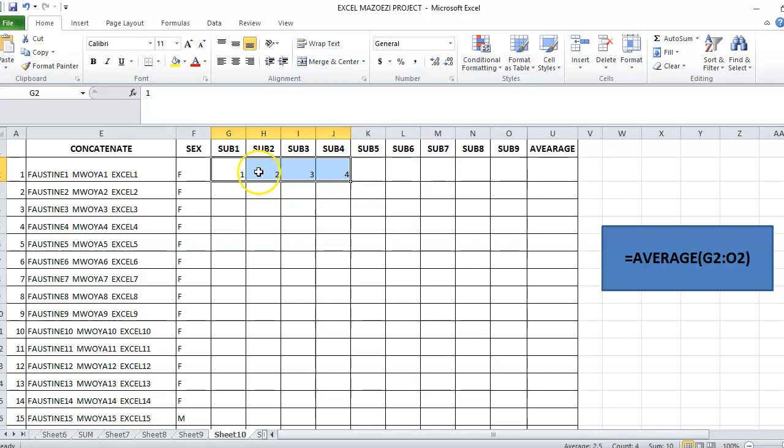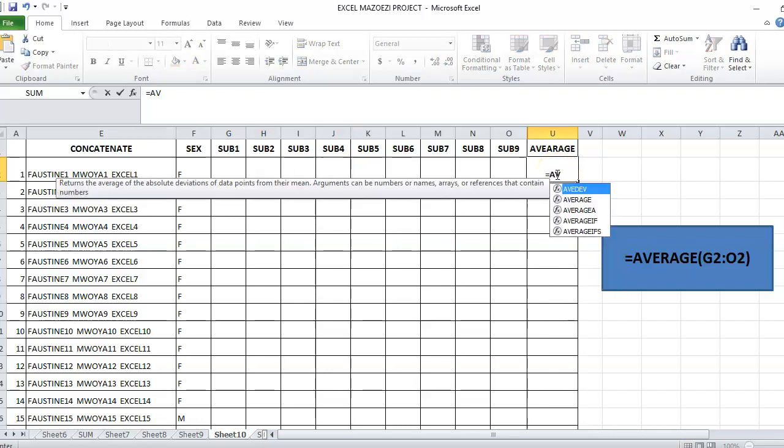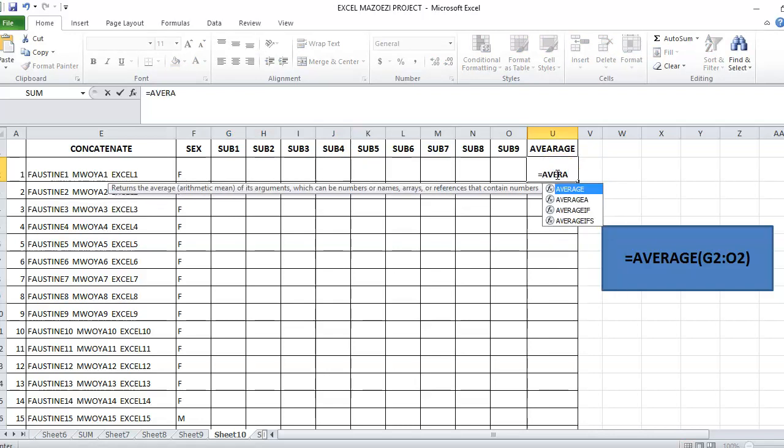So it adds the numbers in the range, then it divides by the observations. Let us start. Equal to AVERAGE, then open bracket.